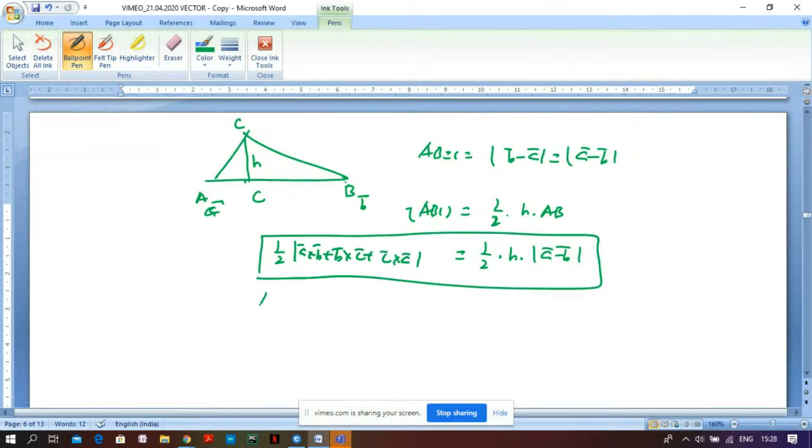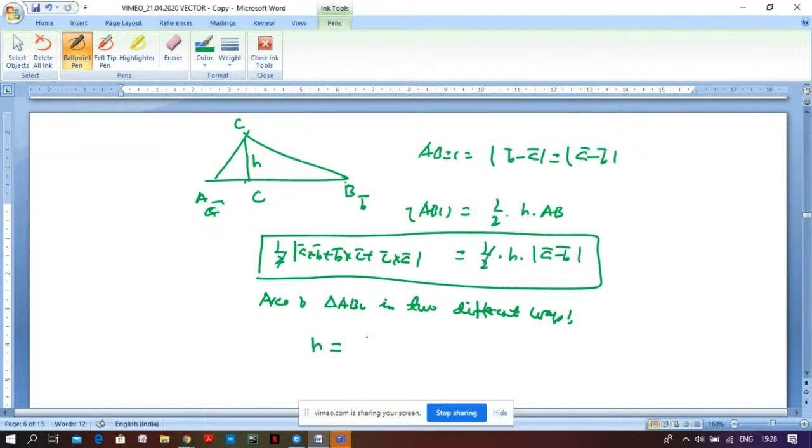So we are writing the area of triangle ABC in two different ways. They must be equal, and so this half cancels.